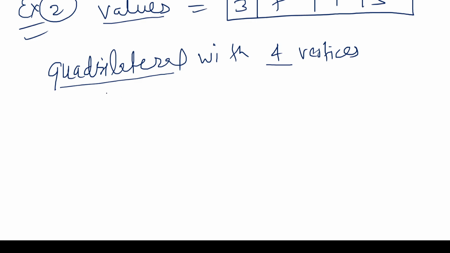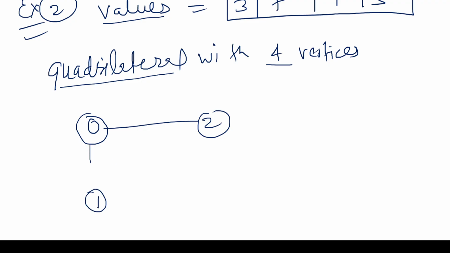Okay, so if we draw these different polygons, very first we'll have a diagonal, where we have 3, 7, and so on. Let's take a diagonal from 0 to 2. This is 0, this is 2. If I take one vertex here, we'll say this is our 1.